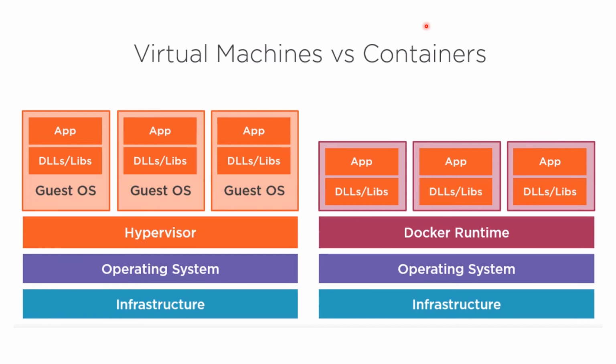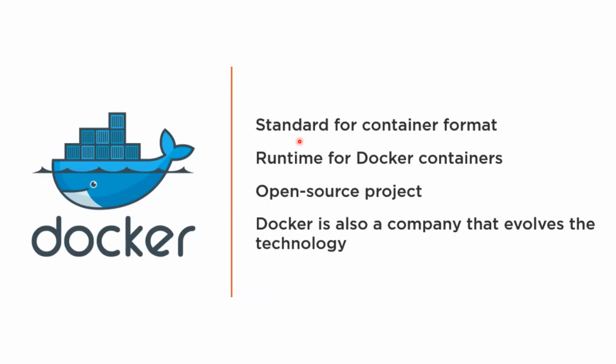And this makes a container smaller in size and faster in operations. This is what I was talking about, the Docker standard for container format, runtime for Docker containers. It's an open source project, and basically Docker is also a company that evolves that technology.